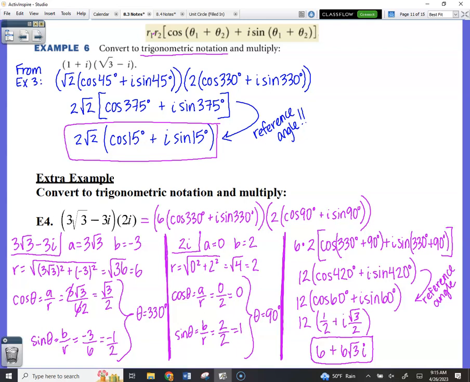So it's not necessarily hard math, it's just a long math problem. And it's something that, like I've said before, it's foreign. You're not used to working with trig notation of complex numbers.